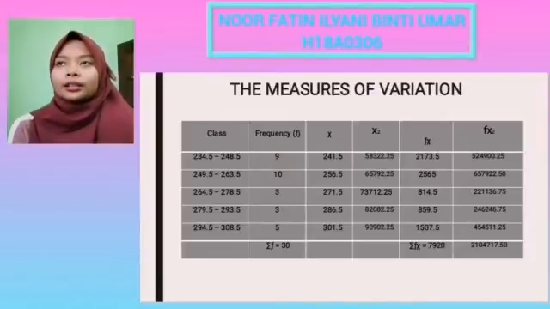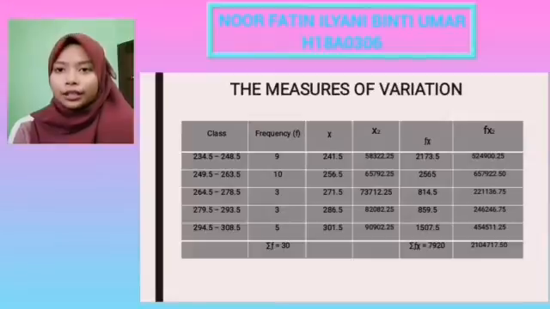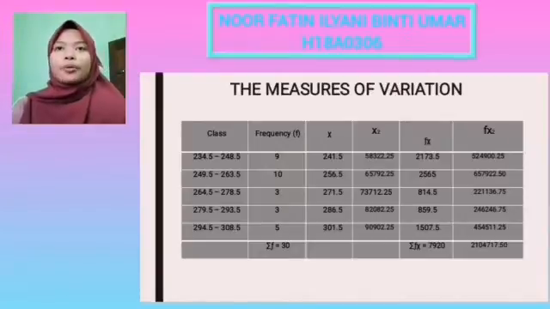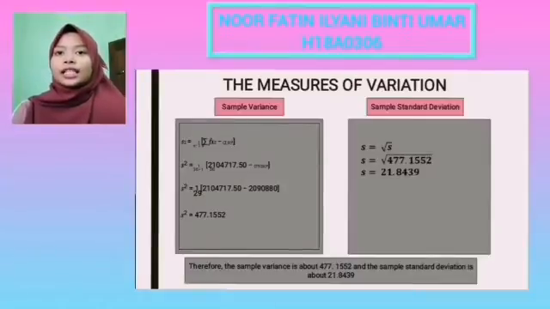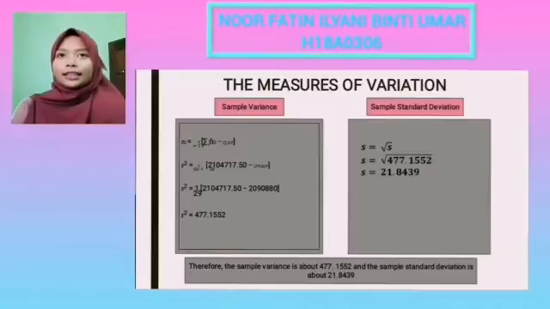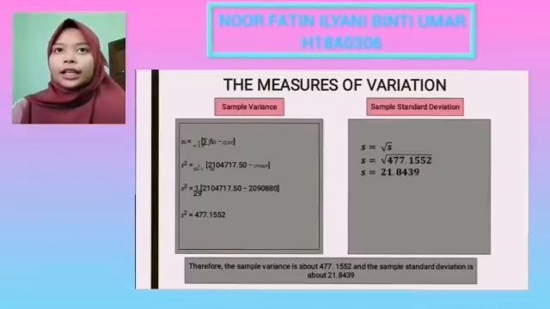After we finish the table, we can calculate sample variance and standard deviation. The answer for the sample variance is 477.1552. Next, sample standard deviation.